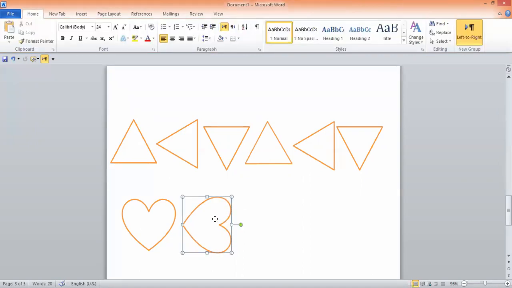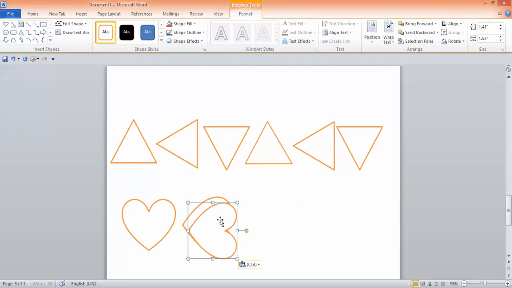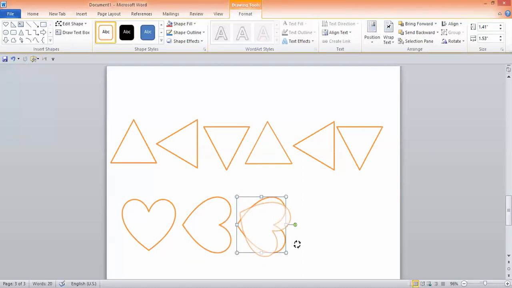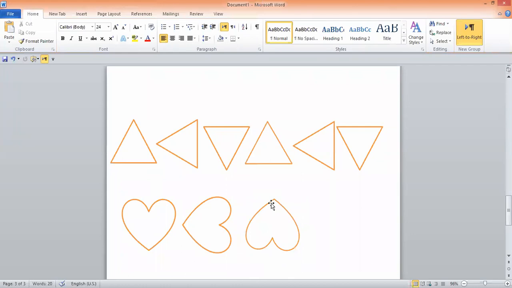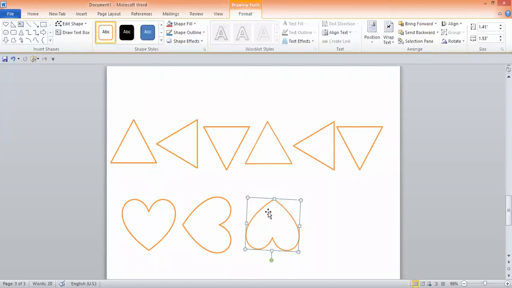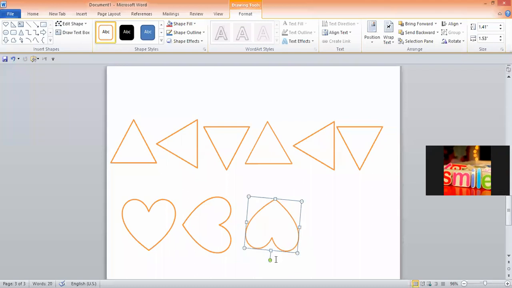Then you will move one more time to the right side. Let me make it straight.